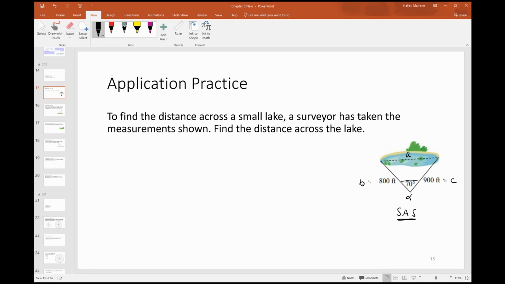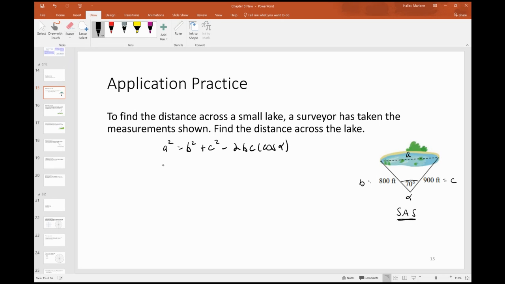Then the version of the law of cosines that we want to use here to find the length of A is A squared equals B squared plus C squared minus 2 times B times C times the cosine of alpha.